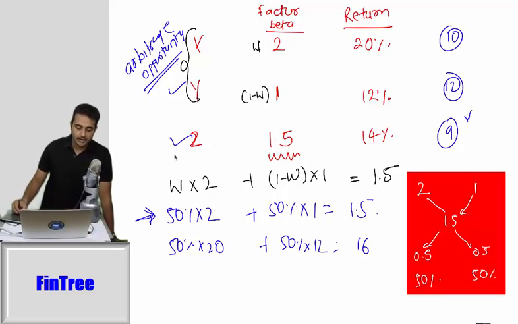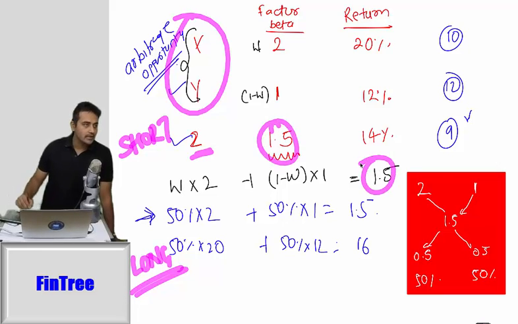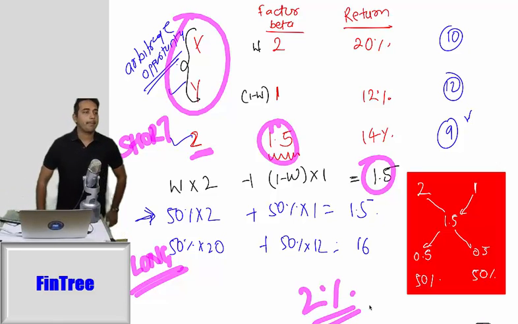The arbitrage strategy would be to take a long position on the X and Y portfolio, and to take a short position on Z. Then you are eliminating that beta exposure, because the beta exposure in both cases is 1.5, and you would get to earn an arbitrage return of 2%.